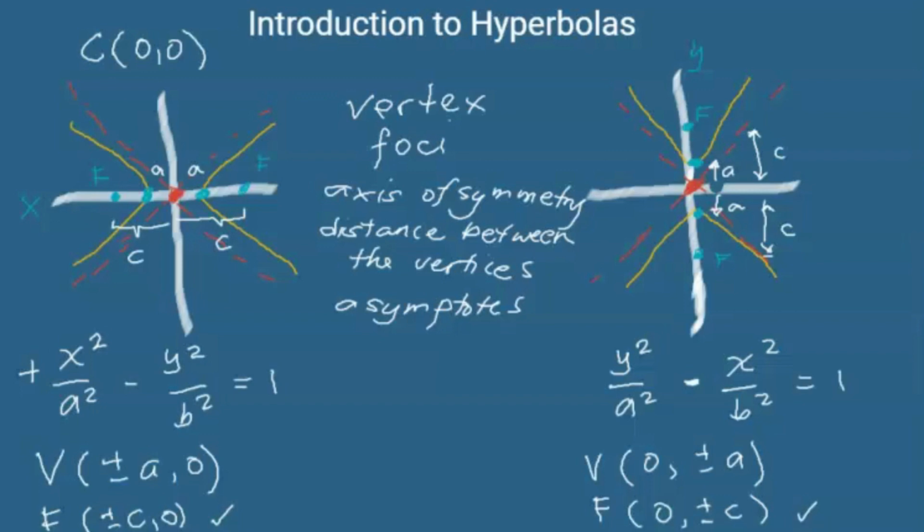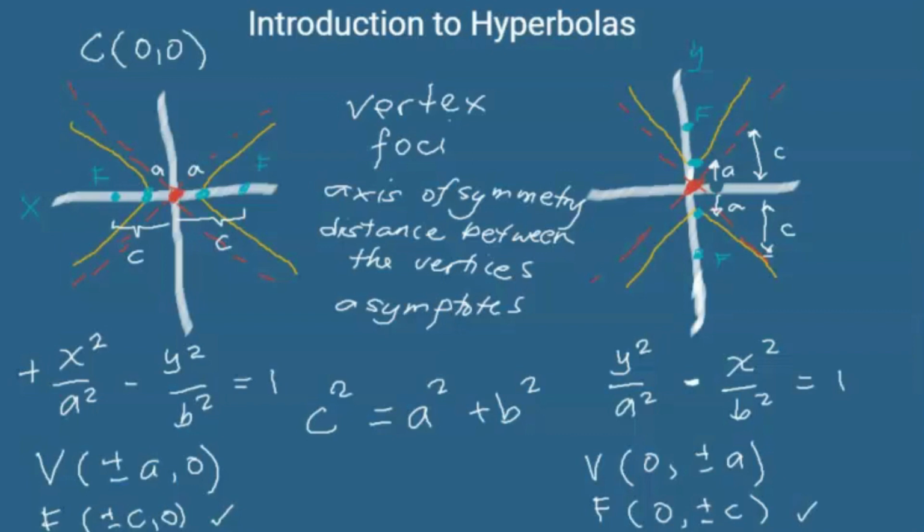The distance between the foci and the center, which is denoted by c, is related to the constants a and b by the equation c squared is equal to a squared plus b squared. So if you're given a and b, we can solve for c. Okay, so now let's define the equation of the asymptotes.